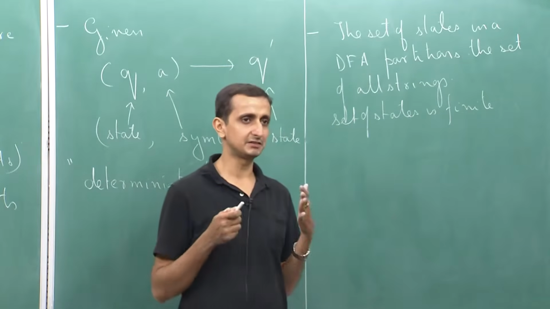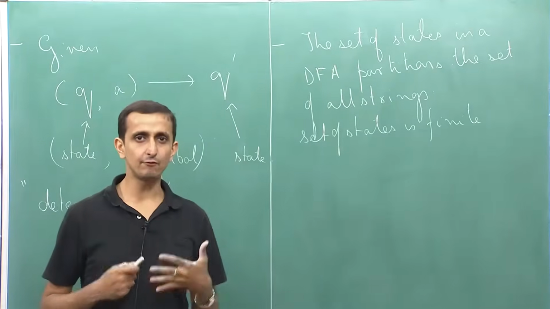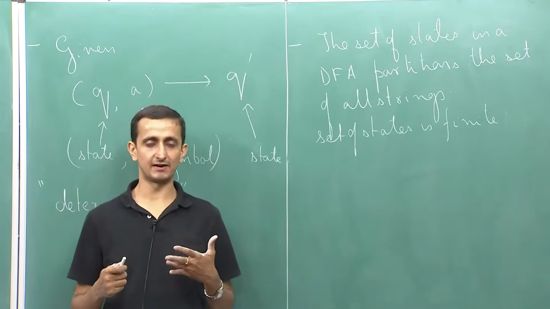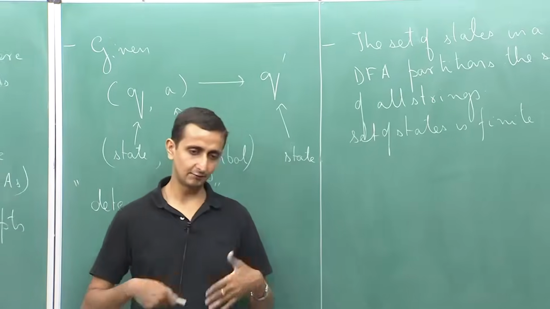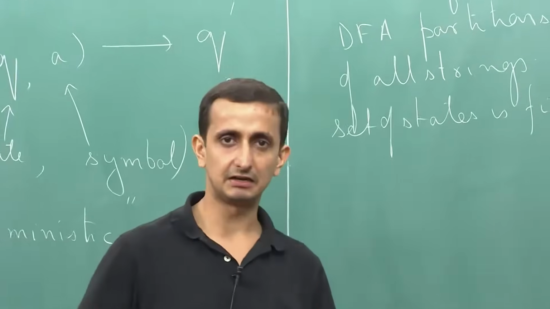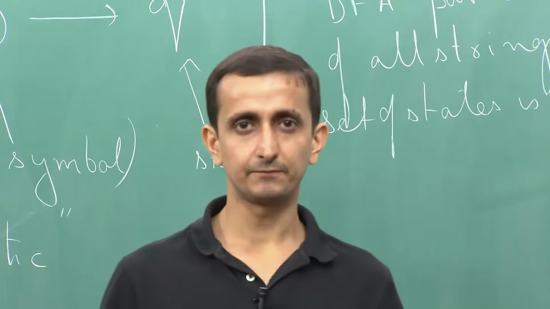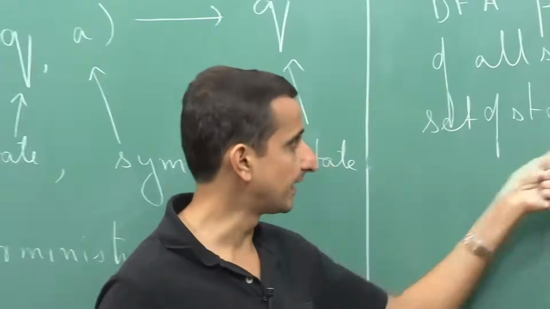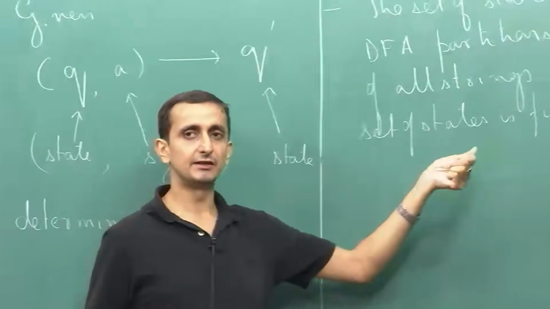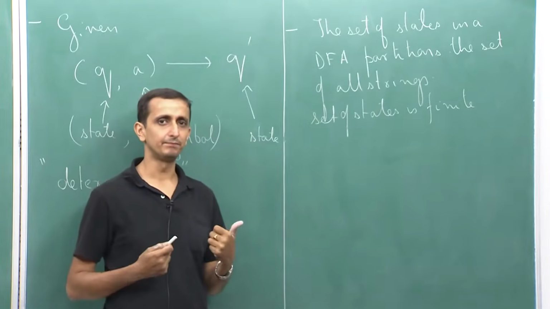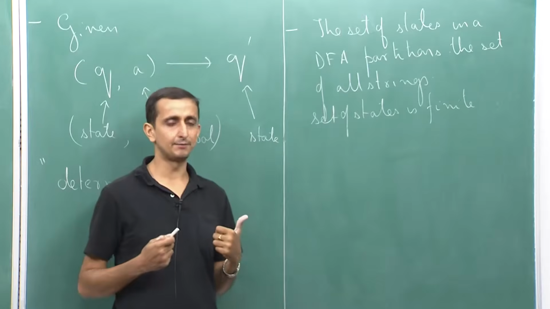So, the only information that we have with us is what is the current state at which the DFA is right now. Okay. So, whatever action the DFA takes henceforth only depends on that current state, and because there are only a finite number of states, the amount of information that can be captured by a DFA is a finite amount of information.